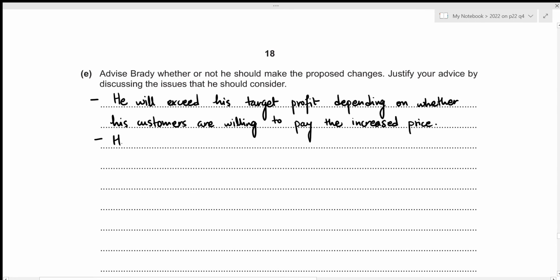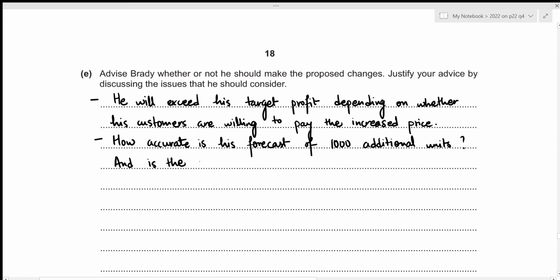How accurate is his forecast of 1,000 additional units? And is the target achievable?